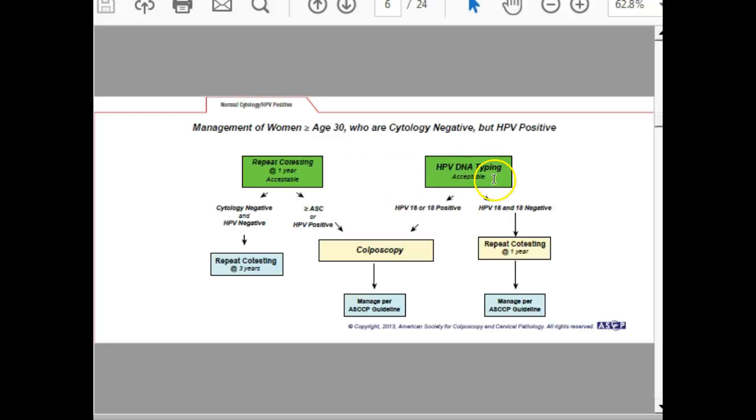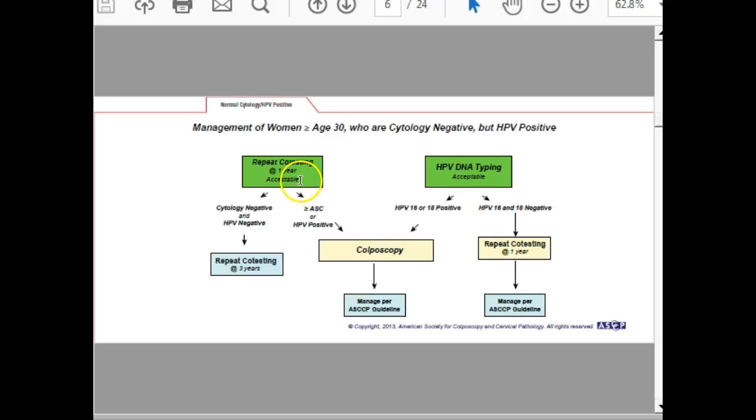Other option is to do HPV DNA typing. So a lot of times when you order the HPV to automatically be done, you can say that if it is positive for HPV, to have it reflex to testing what type it is. And if it's 16 or 18, then go ahead and do a colposcopy. But if it's not, then go ahead and test again in a year.